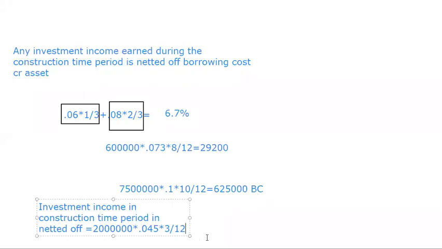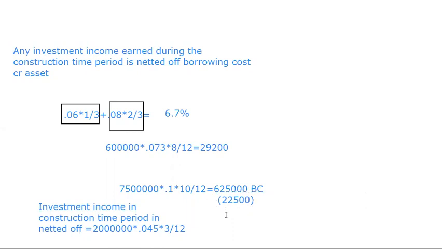How much is it? 22,500 will be netted off. So we will net off 22,500.